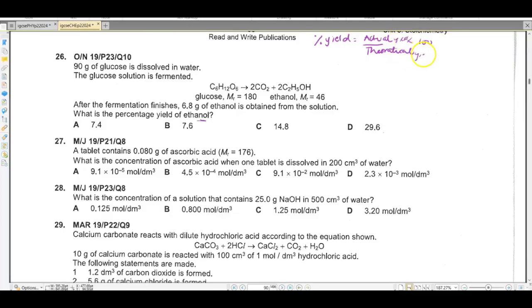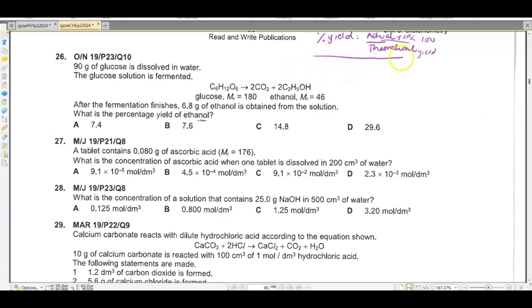Okay, so we've been given the actual yield, but we have to find the theoretical yield. How are we going to do that? We are first going to find the number of moles of glucose, and with the help of that we are going to find the moles of ethanol and then see what's the actual.